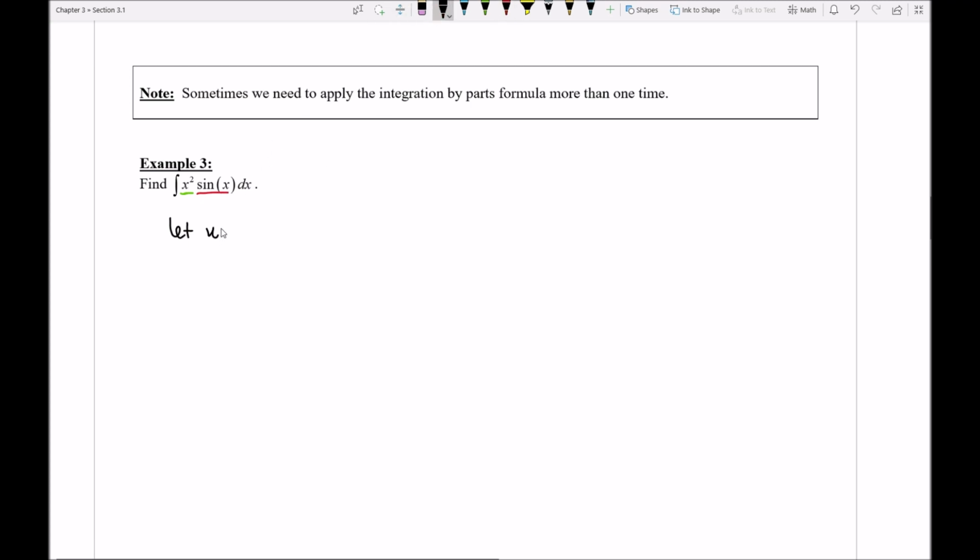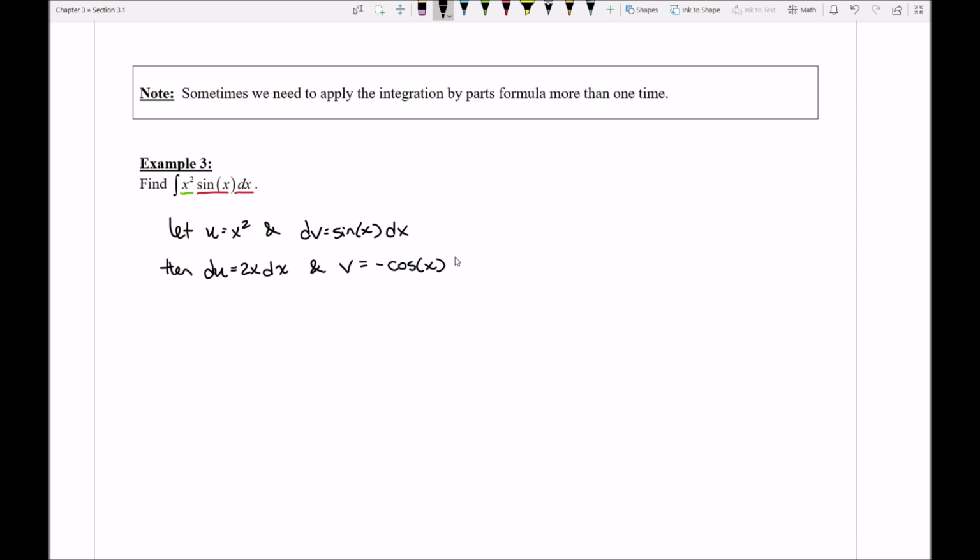So u is equal to x squared, and that'll be my dx included in that as well. My dv will be equal to sine of x dx. If I select this, then my du would be equal to 2x dx, and my v, let's see, sine would come from negative cosine of x.